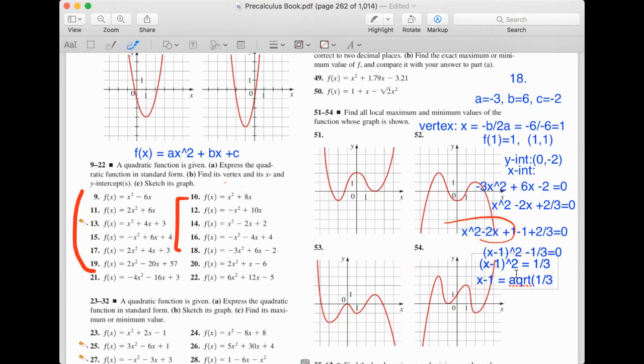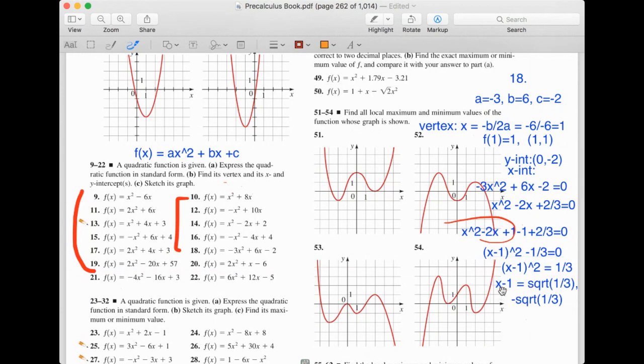Square root, but plus minus, all right? I have two values. I have plus, I have minus. The positive and the negative square root of 1/3. And it looks weird, but we don't care, it's just a number, right?